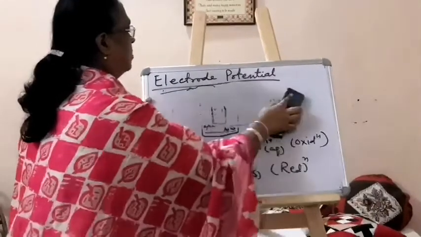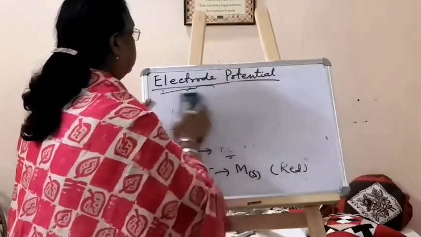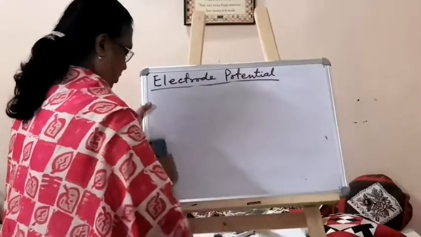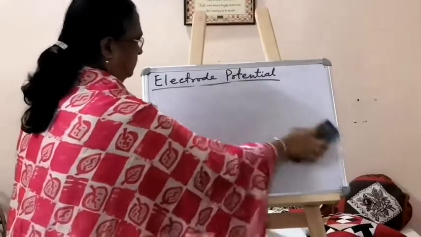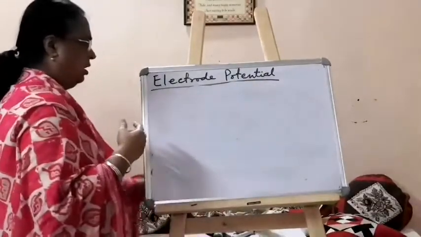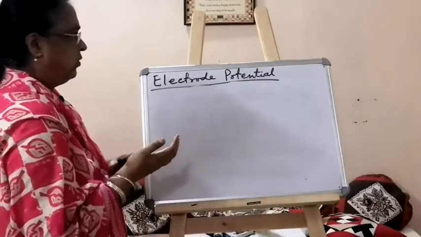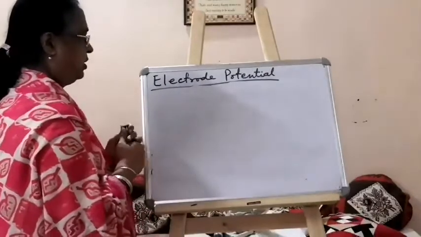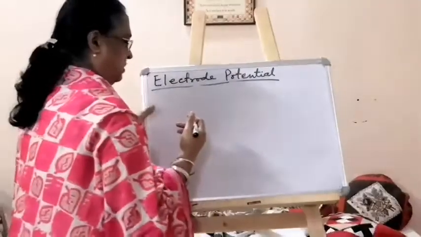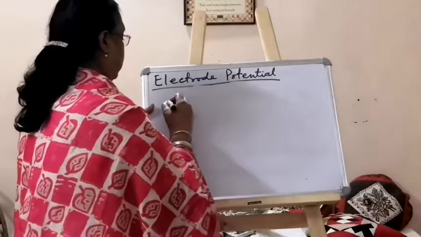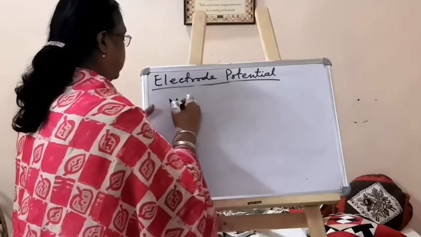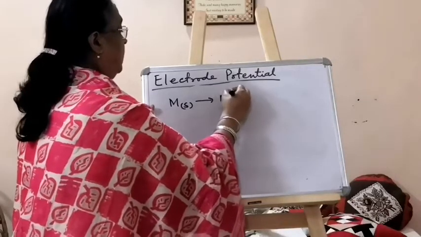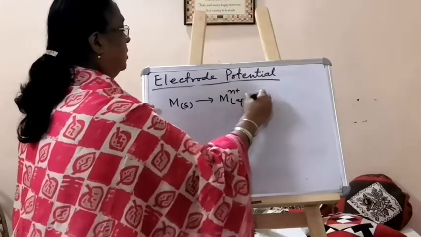So in the oxidation electrode, what is happening? Electrons are getting accumulated on the electrode, and in reduction, electrons are being consumed, and the concentration of electrons is decreasing at the electrode, and therefore it is positive in nature. So in both of these phenomena, in the first, solid metal is turned into a metal ion by losing n electrons.